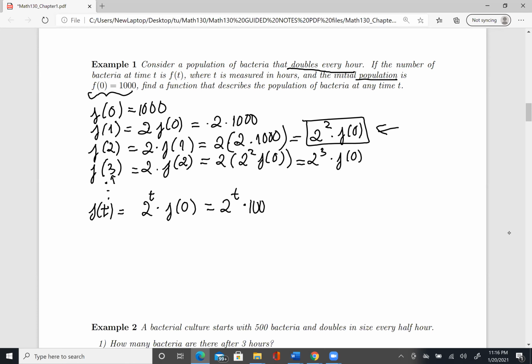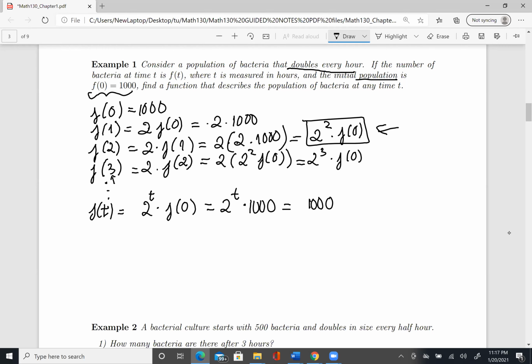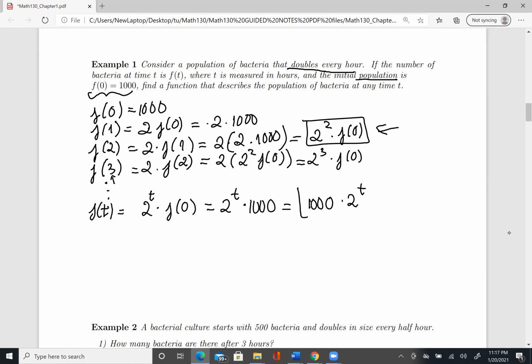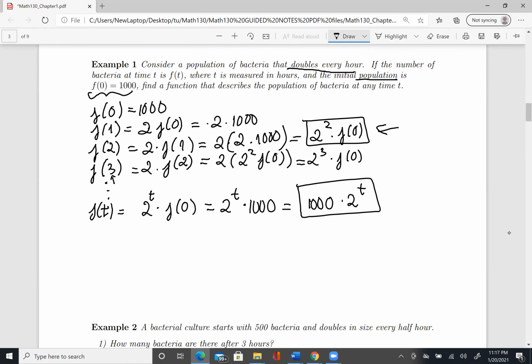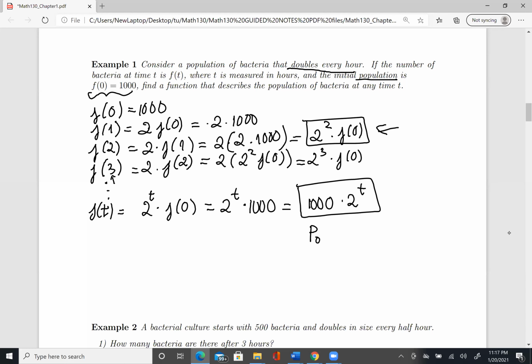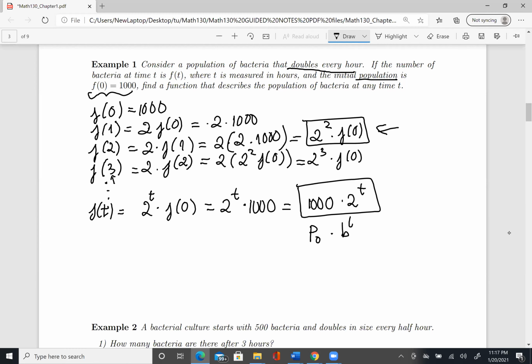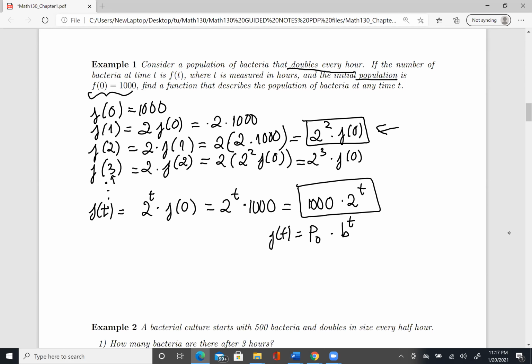Or I can rewrite it in a nice way as 1000 times 2^t, in the form of the exponential function P0 times b^t.